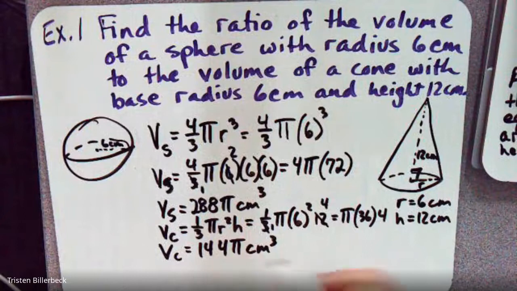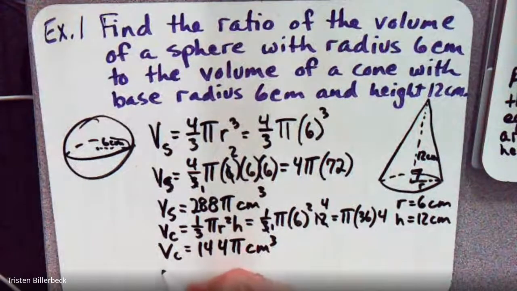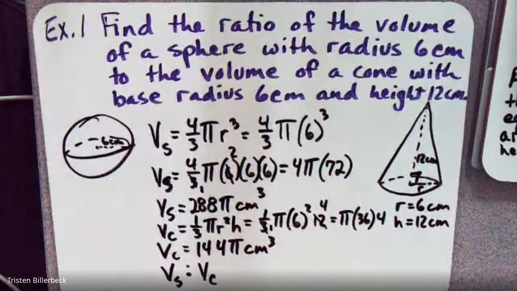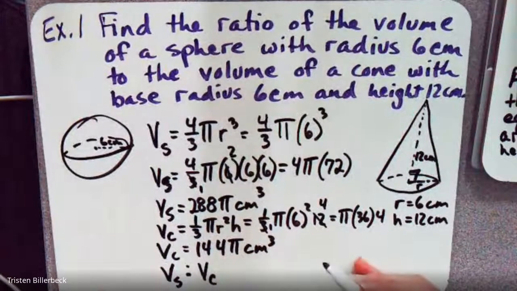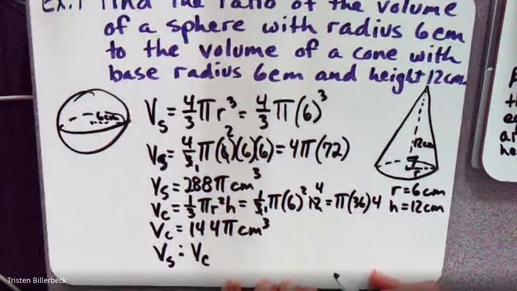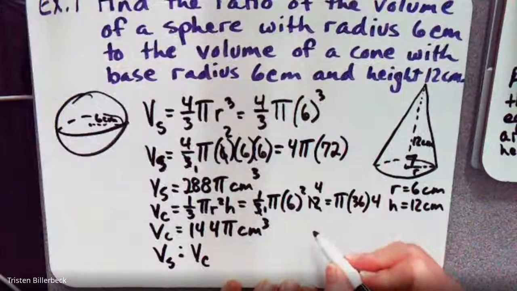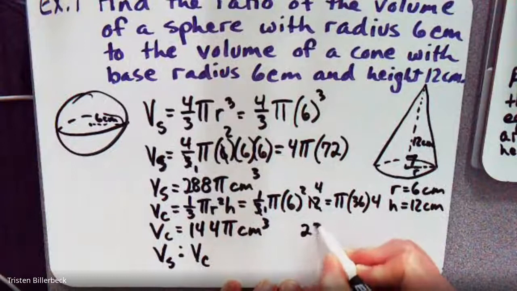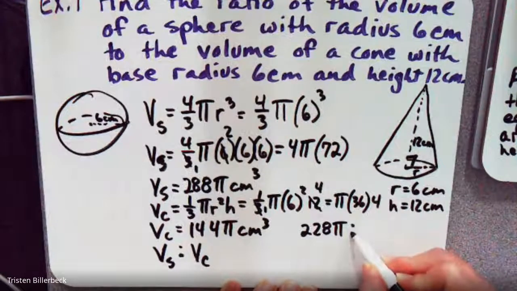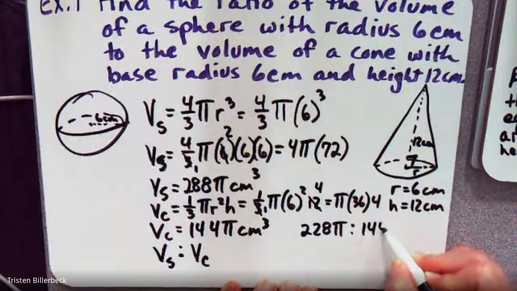So we are looking for volume sphere to volume cone. Okay, so now we have our answers. Let's put it over here where we have a little more working room. So we have 228 pi to 144 pi.